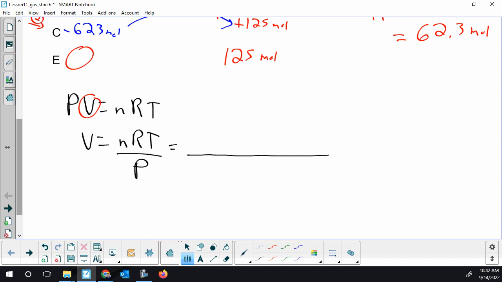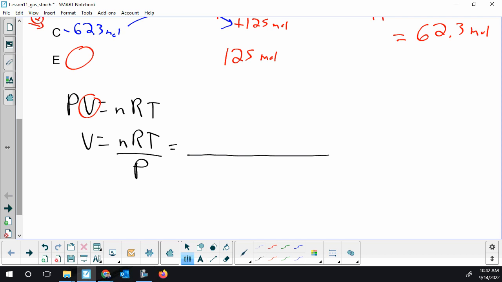So we need n, we need R from our data sheet, we need the temperature. We can get that from SATP, and we need the pressure, and we can get that from standard ambient temperature and pressure. So we have all those pieces either in our question or from a data sheet or formula sheet.